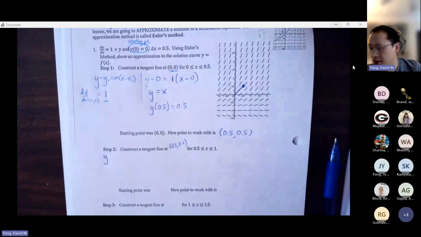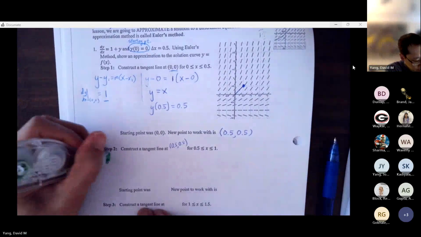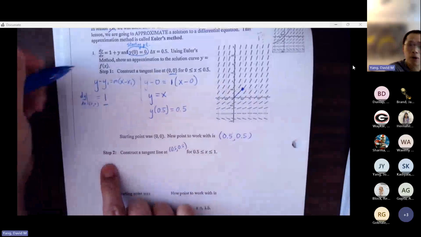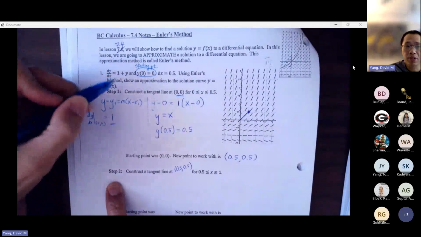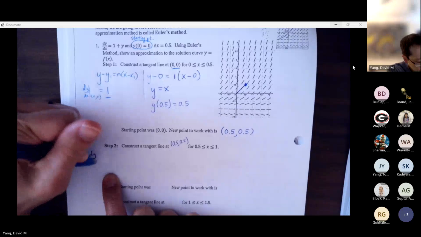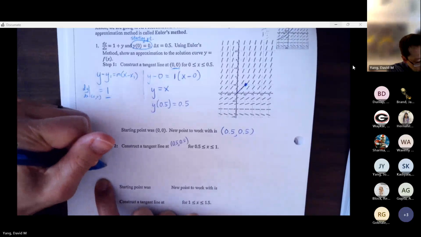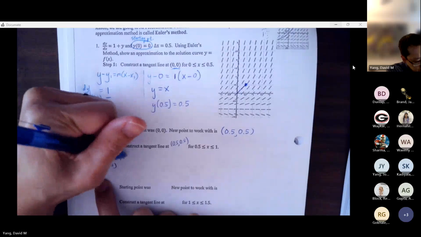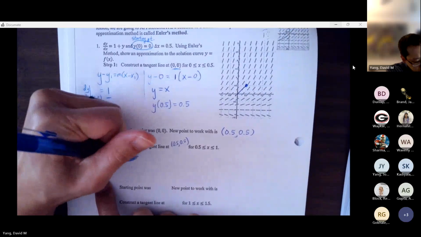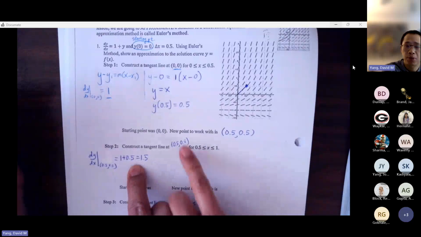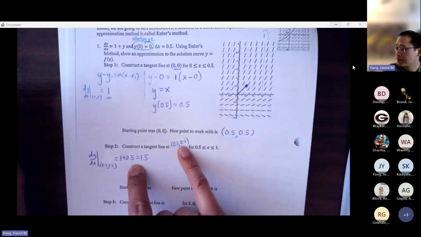Let me find the slope first, since we already know our ordered pair. Our differential equation is still the same, 1 plus y. So we have our slope, we have our ordered pair, and now point-slope form.